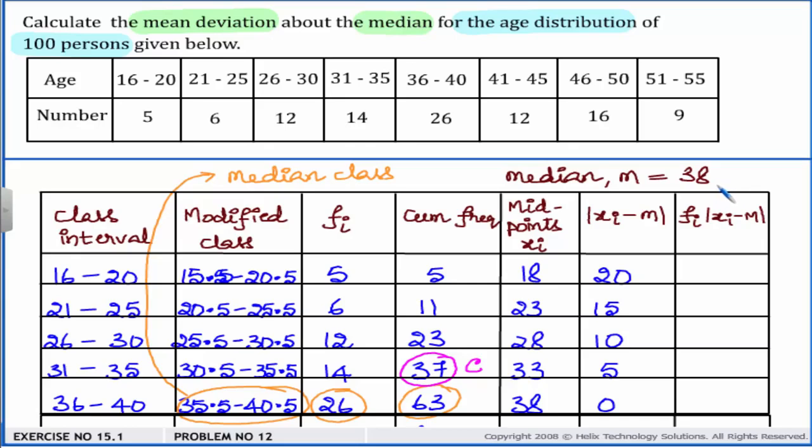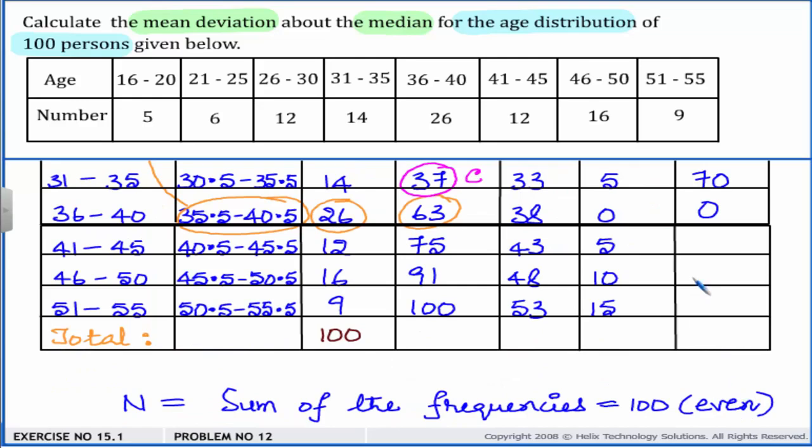So we have 5 into 20, that gives us 100. And likewise, we can calculate the rest of the products. Here we will be getting 90, 120, 70, 0, 60, 160 and 135.